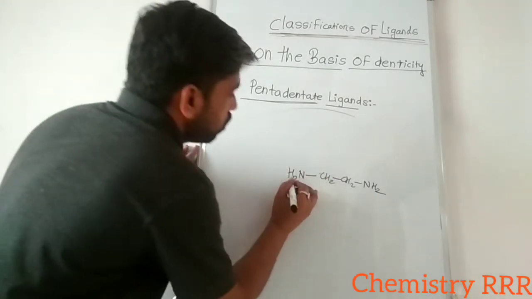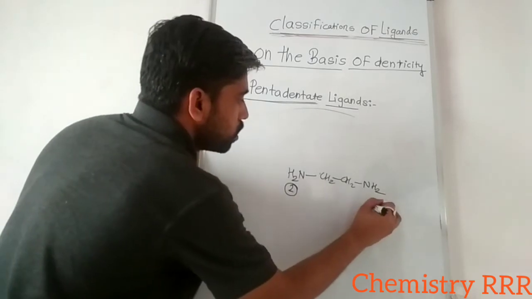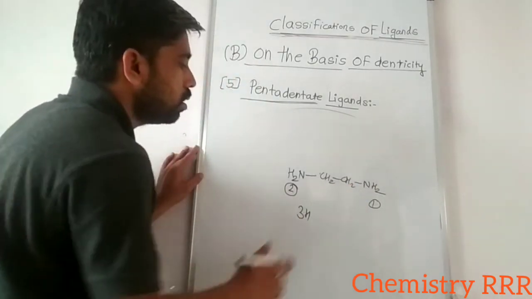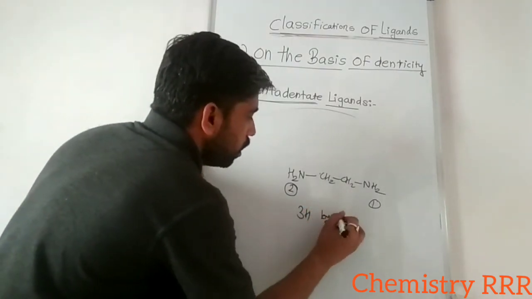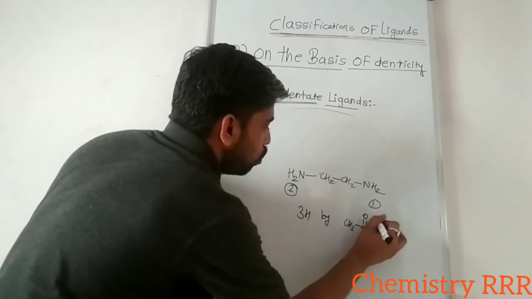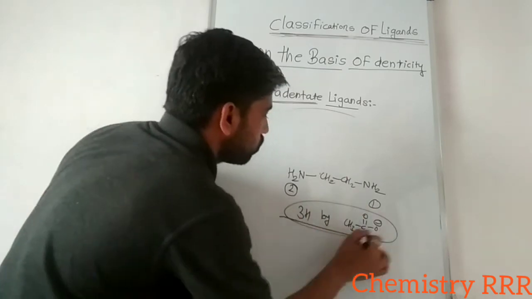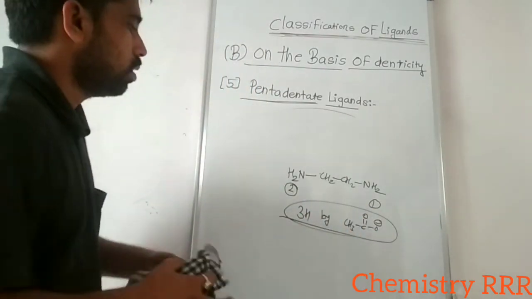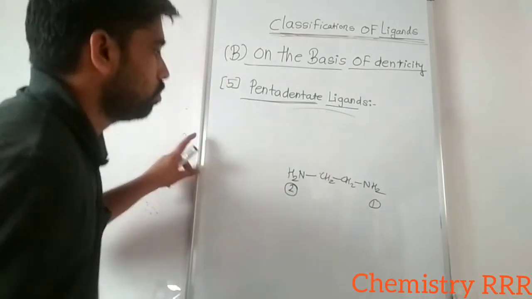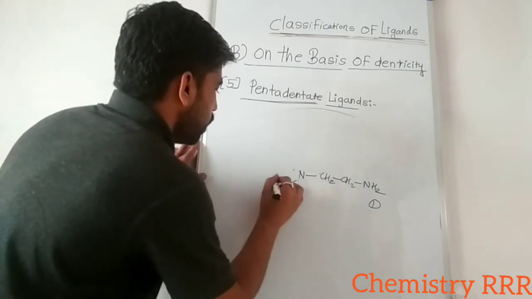Replace 3 hydrogens of the nitrogens, 2 hydrogens from one side and 1 hydrogen from the other side, a total of 3 hydrogens, by acetate ions, CH3C double bond O minus. By replacing 3 hydrogens by 3 acetate ions, we get the structure.